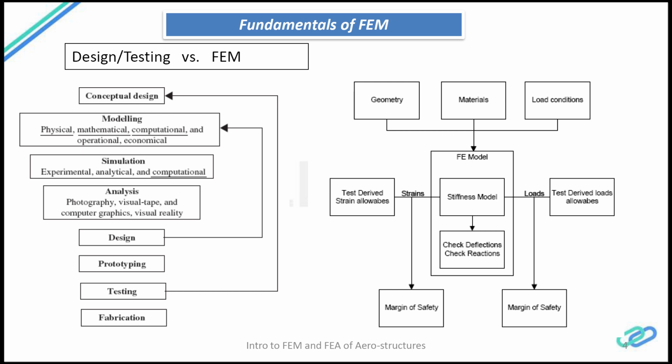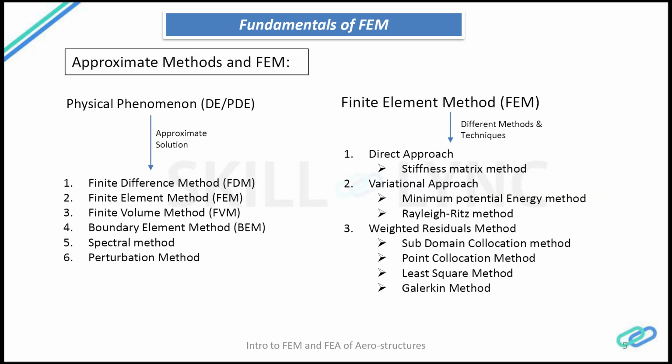So let's now go into the fundamentals of FEM. In an overall mechanics scenario, there are two methods. One is the exact method, and the other is the approximate method, very obviously.